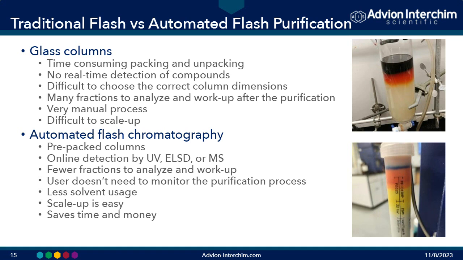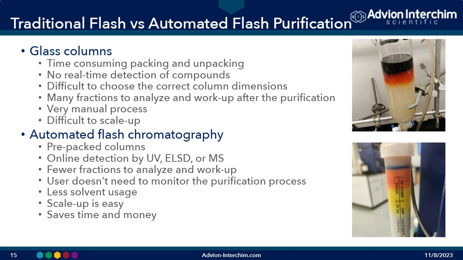You have online detection by either UV, ELSD, or mass spec, depending on the instrument and the detector you have. So what that leads to is that there are fewer fractions to analyze and work up because only the fractions, or excuse me, peaks of interest are collected, and there are fewer fractions without any compound in them.